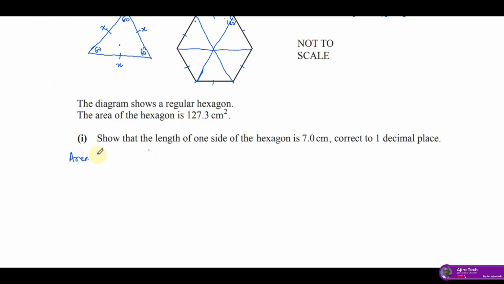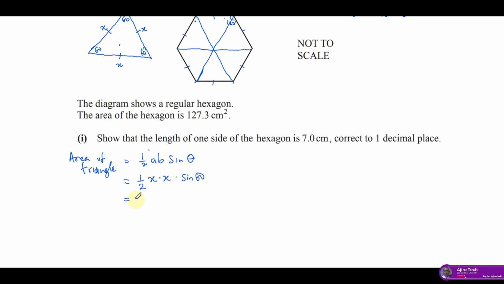Area of the triangle is half ab sine theta. The a and b are the same, so I'll say half x times x times sine 60.